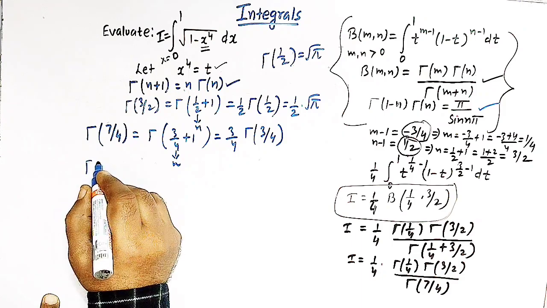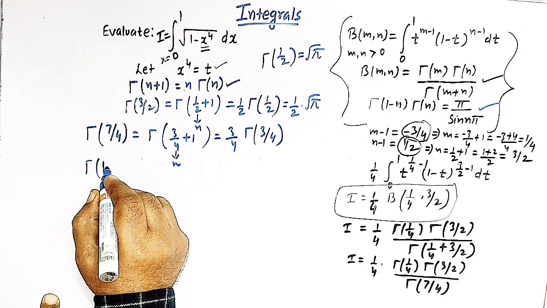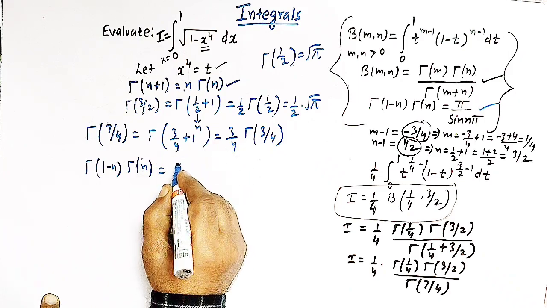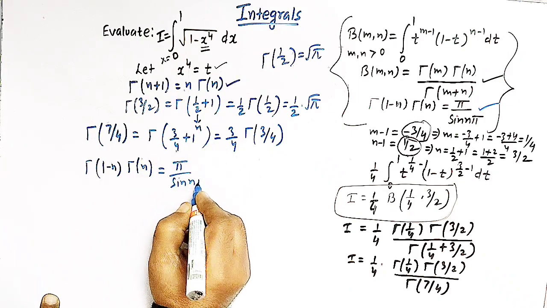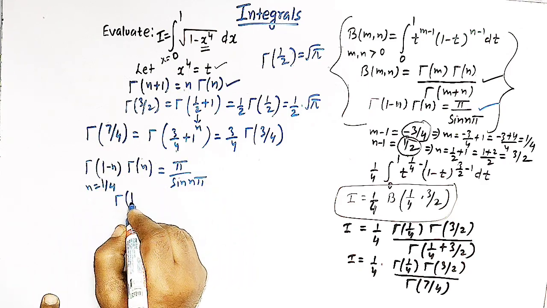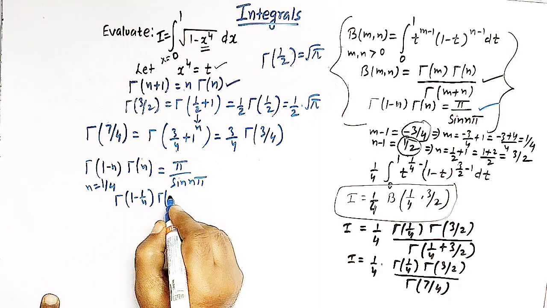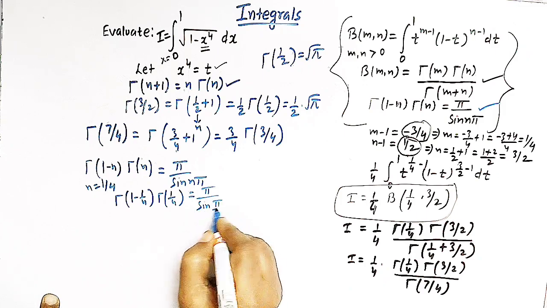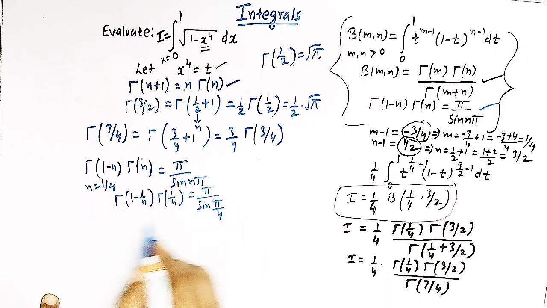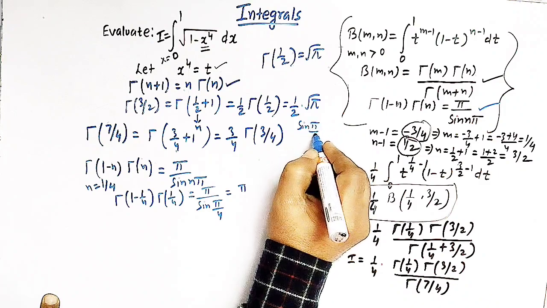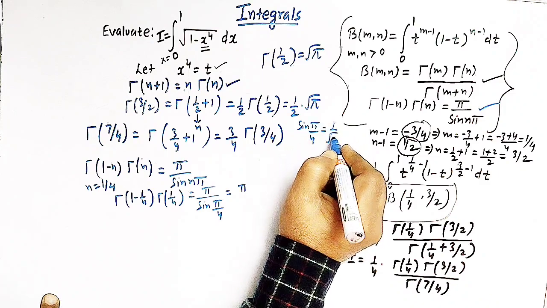So the Euler's reflection formula is gamma 1 minus n gamma n is equal to pi over sine n pi. So let us substitute here for n 1 over 4. So gamma 1 minus 1 over 4, then we have gamma 1 over 4, then we have pi divided by sine pi over 4, because n is 1 over 4. Now sine pi by 4 is sine 45 degrees, and sine 45 degrees is equal to 1 over square root of 2.